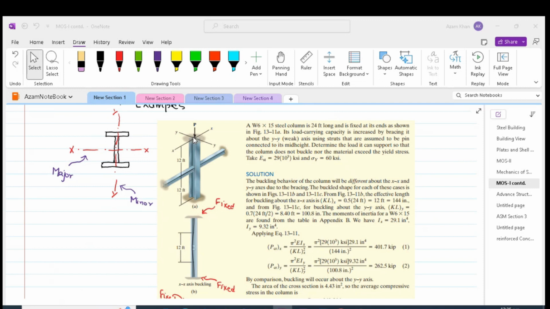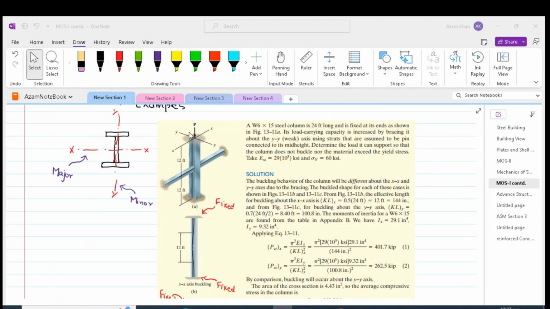Please note that the buckling about the major axis will have full length, which is 24 feet, available. On the other hand, the buckling about the minor axis will only have half the height of the column available. In other words, about the major axis, we have the full height of the column available to make half sine wave. In the case of minor axis, we have only half the height of the column available to make a half sine wave.